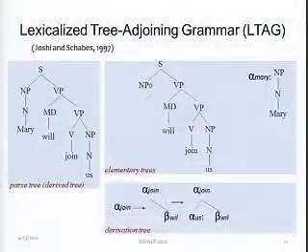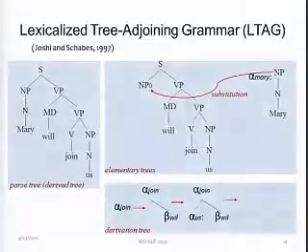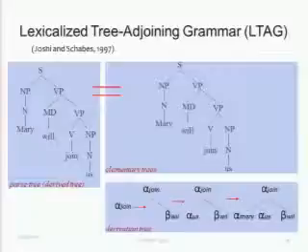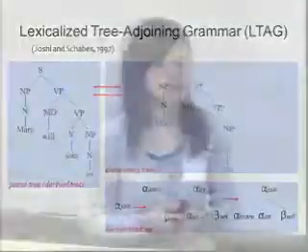An LTAG derivation tree denotes the history of how these elementary trees are composed together. We are more interested in the LTAG derivation trees, where all the elementary trees are included and all their dependency relations are also included in the derivation tree.